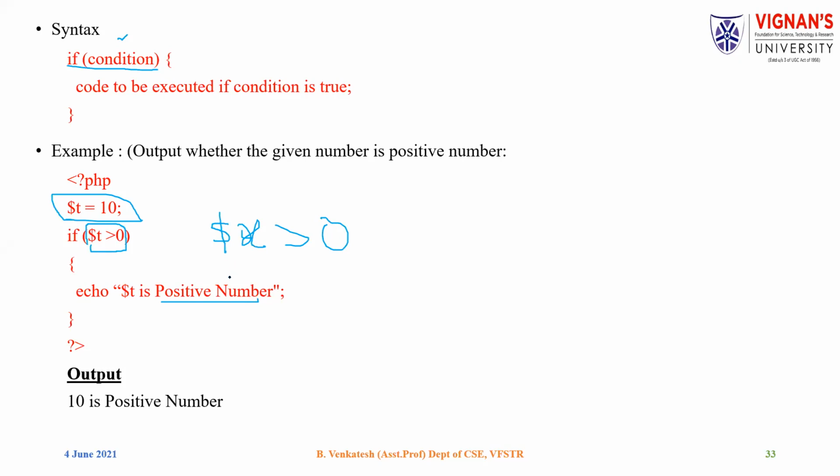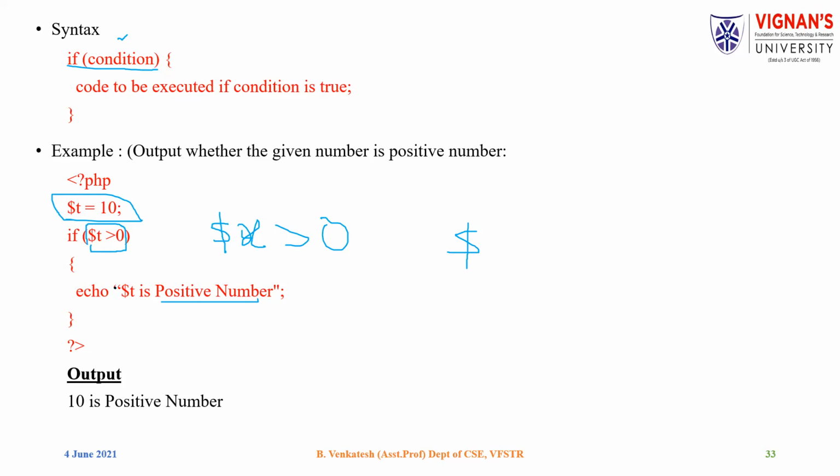That means in PHP, if you want to use a variable, before that variable name we have to specify the dollar symbol. Then only it will treat that character as a variable. Otherwise it will treat it as plain characters.